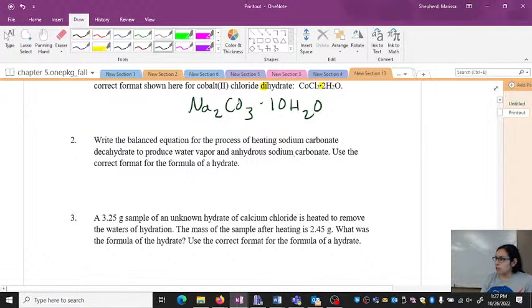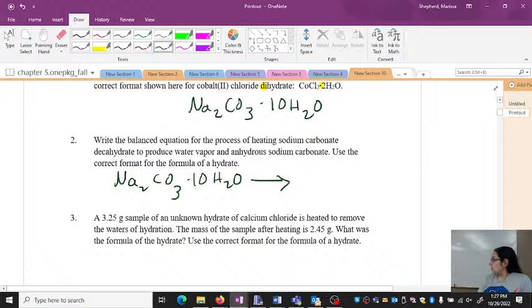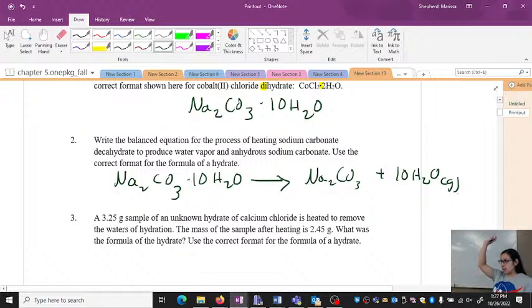This is our starting material, and this is technically a decomposition reaction. We'll heat it and it'll decompose and make 1 equivalent of sodium carbonate plus our 10 equivalents of H2O, which would probably be in the gas form as it gets heated and flies away.